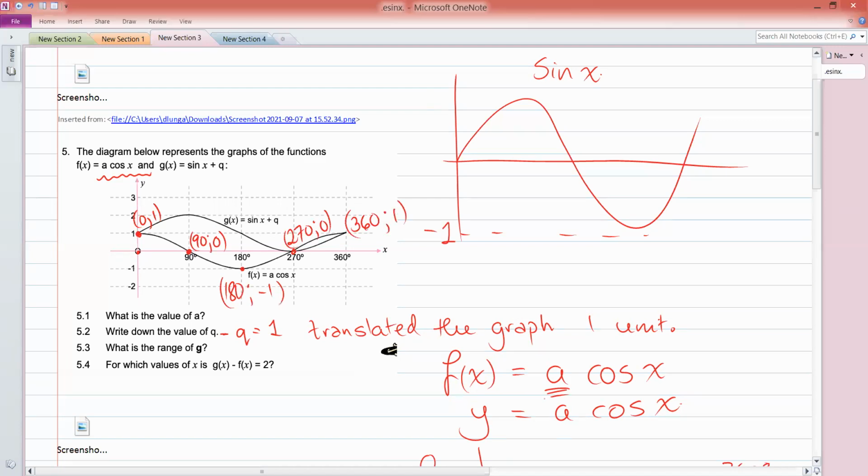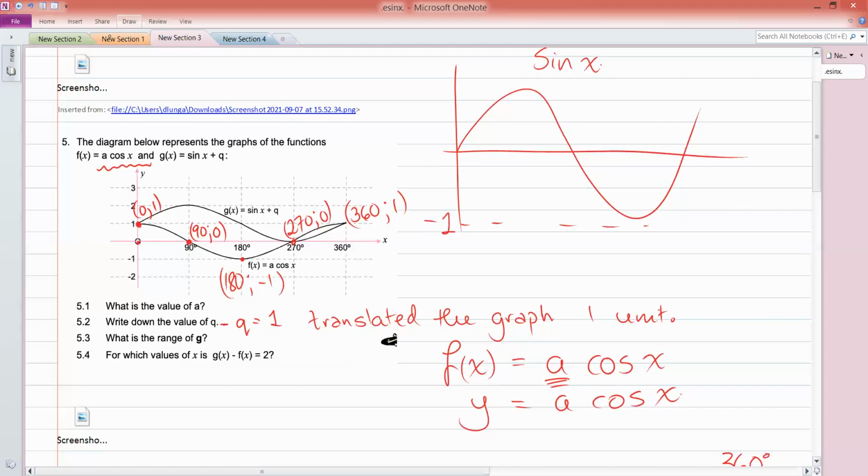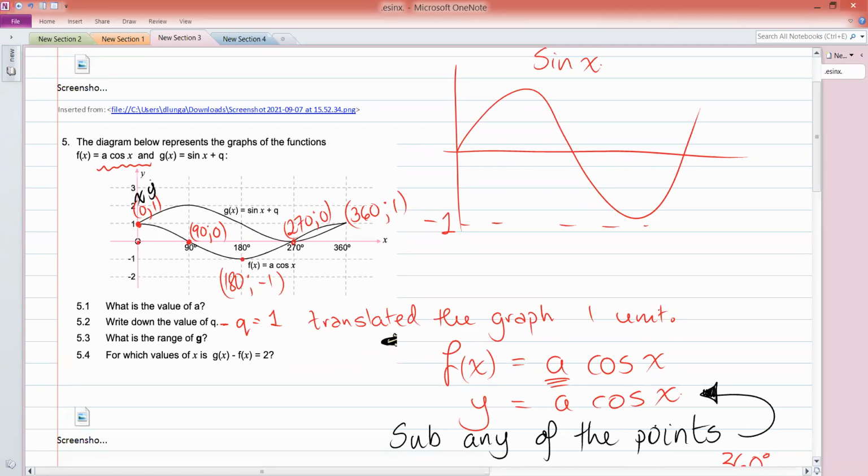What can I do with those values to work out what a is? I can sub any of the points you have into that equation, because you have an x value here and a y value there.